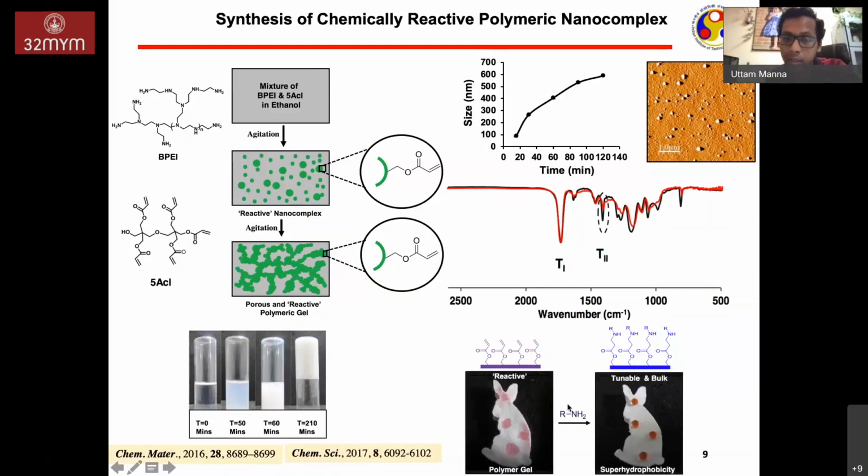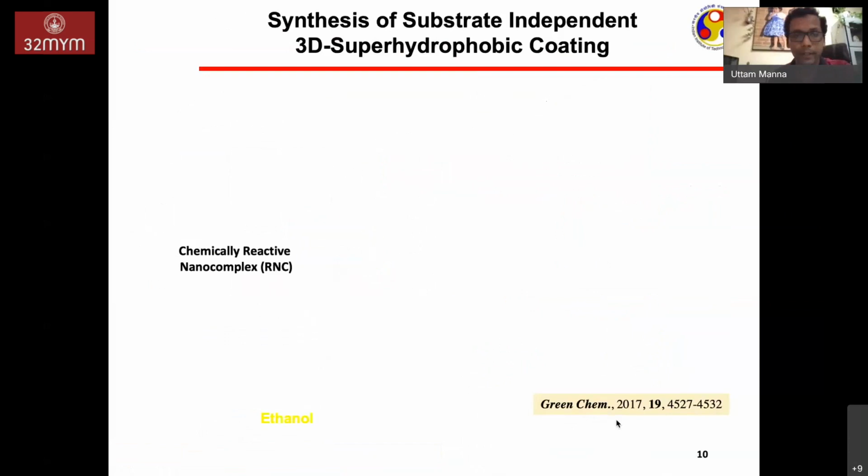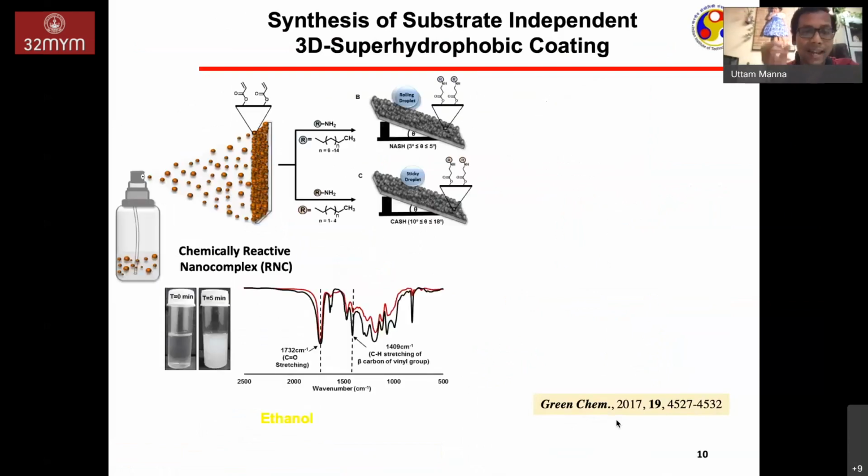You modulate with a selected alkyl amine and you can make them superhydrophobic all throughout the coating, all throughout the material. But our aim was to develop a coating. So what we wanted to do was take this chemically reactive nanocomplex and spray deposit it so that we can get a porous chemically reactive coating, and you can associate different kinds of chemical modifications, and that's the way you can tailor either non-adhesive or controlled-adhesive superhydrophobicity.